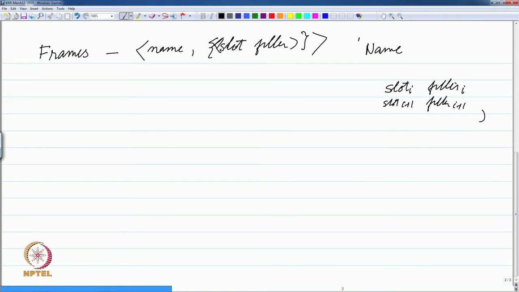So, some kind of a structure, and there are two special slots. In the terminology of Brachman and Levesque, one is called is a slot and the other is called instance of. So, these are two special slots.